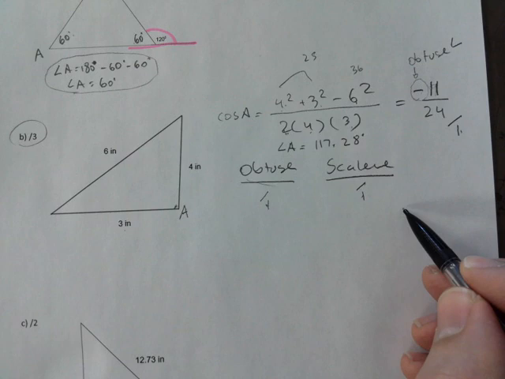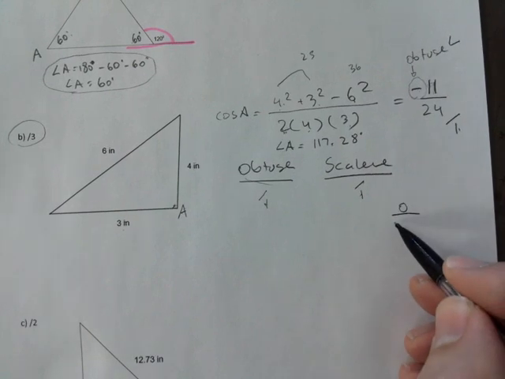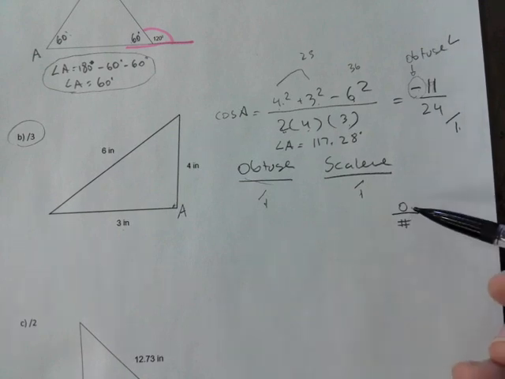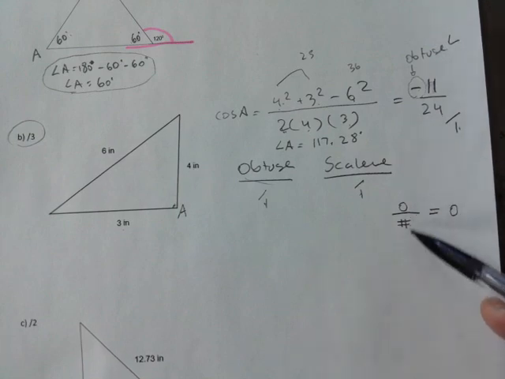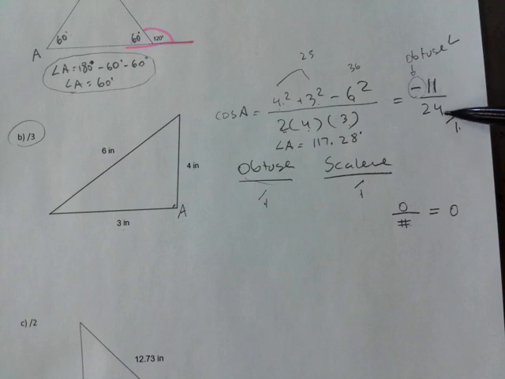If you ever have 0 over something, let's just put a number sign here. If the top number is 0 and you have something here, you in fact have 0, okay? If you get 0 over 24, you know this whole thing is actually 0, okay?